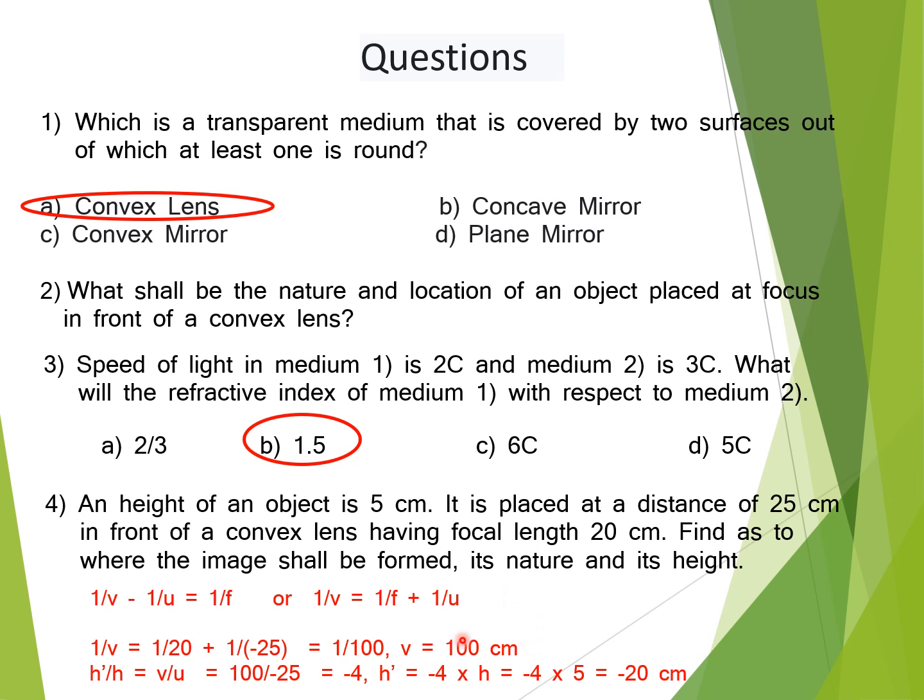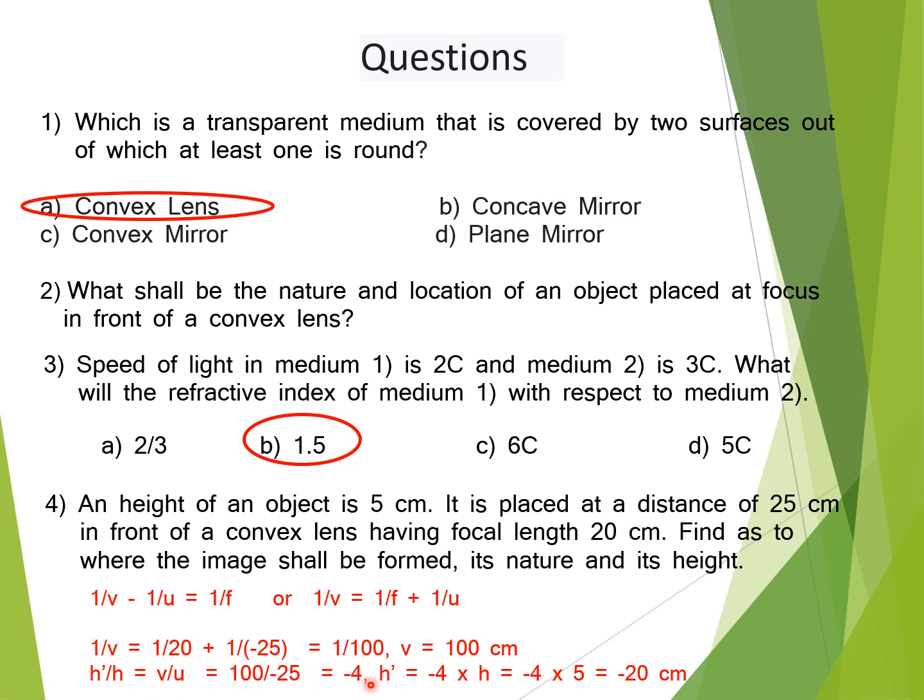Now, they are asking the nature and the height. So if we recall the formula for magnification, M was equal to H dash upon H, and it was also equal to V upon U. H dash was height of the image, H was height of the object, and V and U we know. So V here is equal to 100 centimeter, we put 100. U was minus 25, so it will be minus 4.